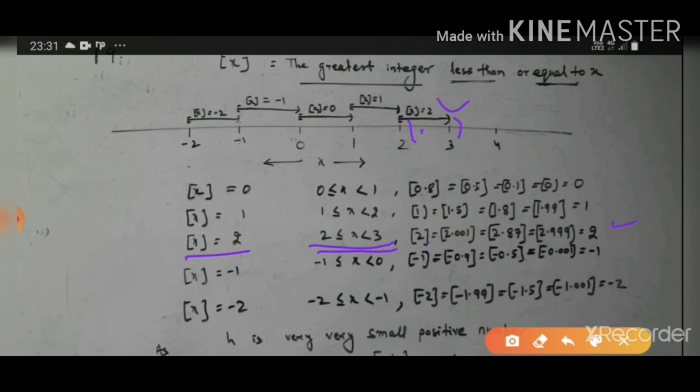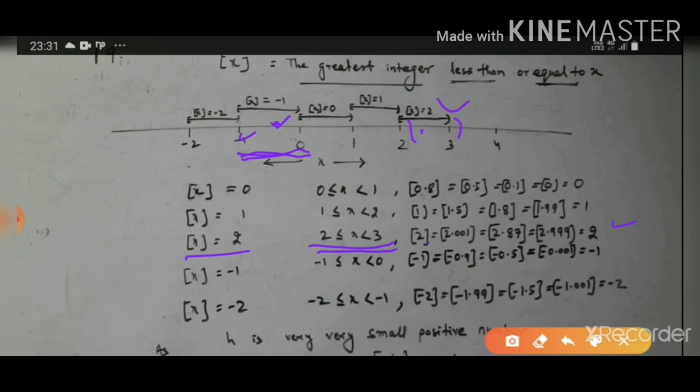Similarly, you come to this side, from minus 1 to 0. Minus 1 is closed, 0 is open. Between minus 1 and 0, the value is always minus 1. So from this side, whichever number you take up to 0, the greatest integer is minus 1.